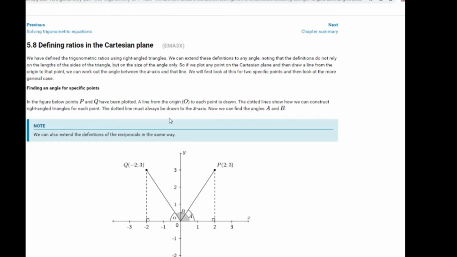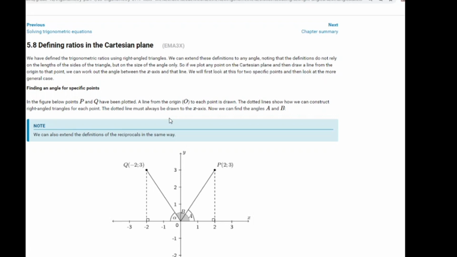Let's introduce the trigonometric ratios using a right-angled triangle, where we've defined that sine theta is equal to opposite over hypotenuse, cos theta is equal to adjacent over hypotenuse, and tan theta is equal to opposite over adjacent, right?